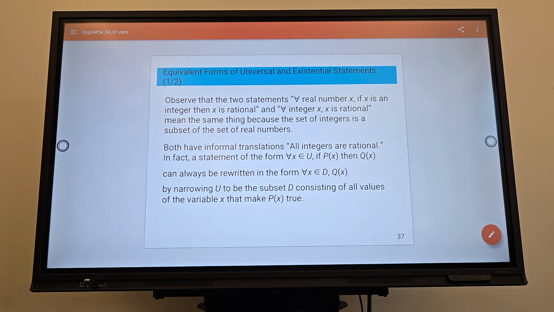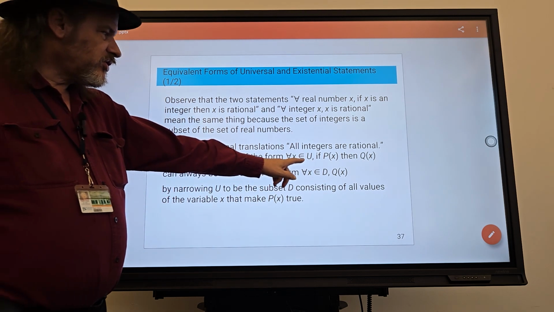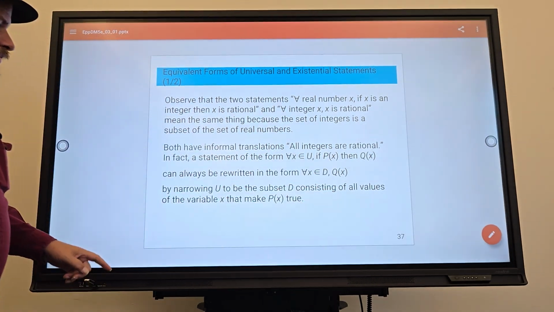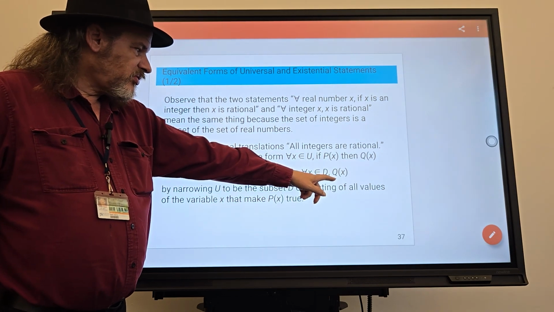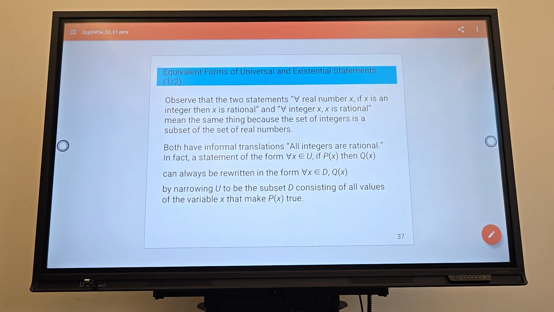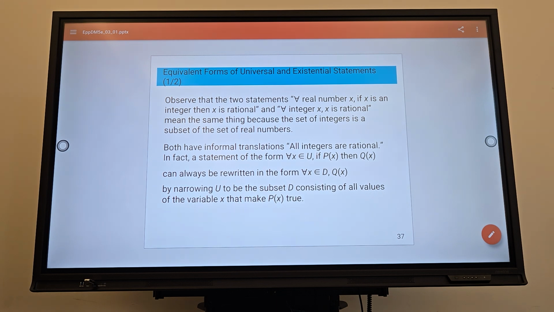So both have the same formal translation, but it can always be written in this form, where D is a subset of U, for all values of the variable x that make P of x true.